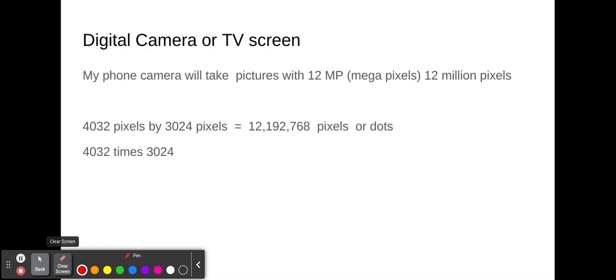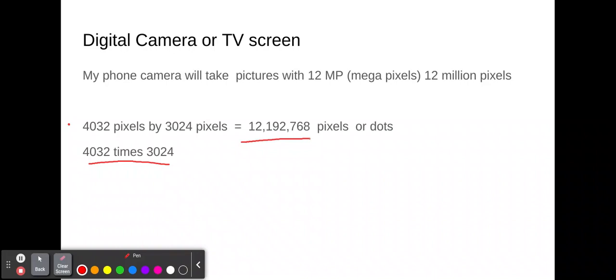The screen that it would create is 4,032 pixels one way by 3,024 pixels going in the other direction. If I multiply those out, I get a little over 12 million pixels or dots on the screen.